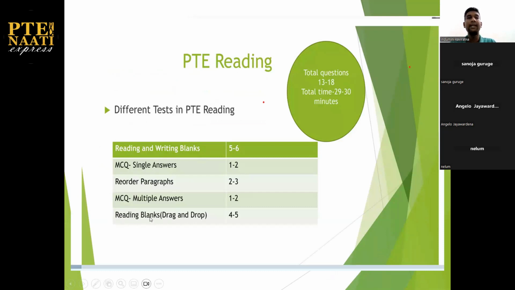The other type of question, again a reading fill in the blanks one, is known as drag and drop answers. Because again there will be nearly 4 to 5 questions, and in each passage there will be nearly 4 to 5 blanks.